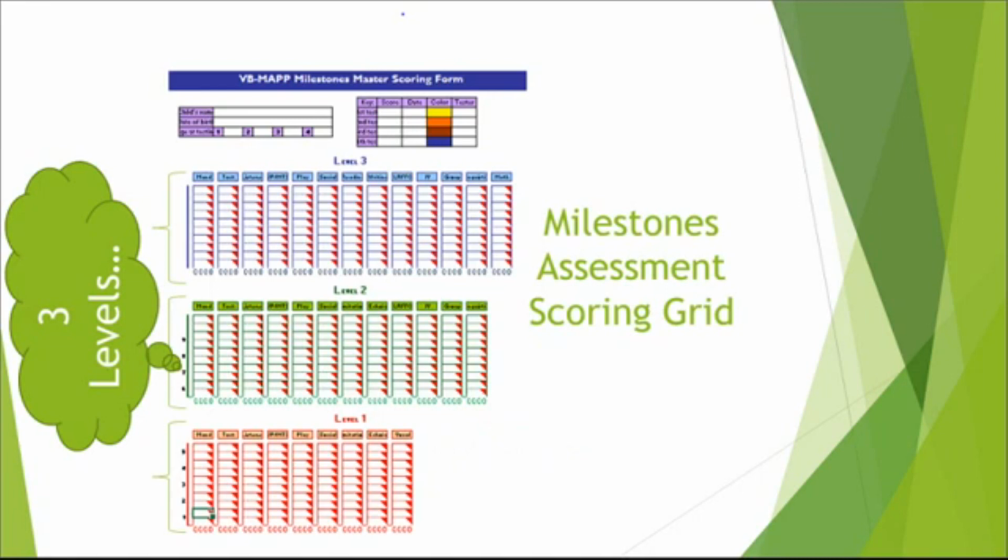If you open the protocol book, one of the first pages you will see is called the master scoring form, or you may also hear it called the scoring assessment grid. You will notice that it's divided into multiple levels, with colors: red, green, and blue. Put in your child's name, date of birth, and the testing date, and then you start.